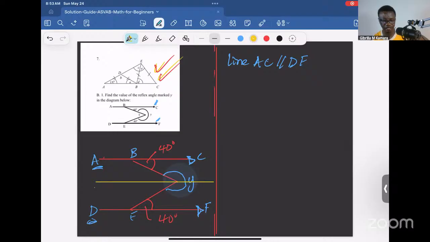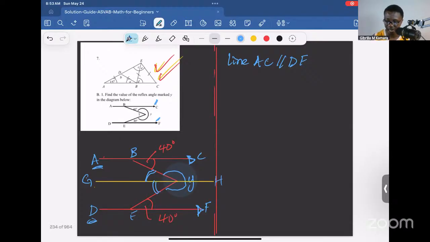Once we get that, solving this question becomes so easy. So we've added that. Now we need to add other angles here. So now this line we've added, let's label that as GH.